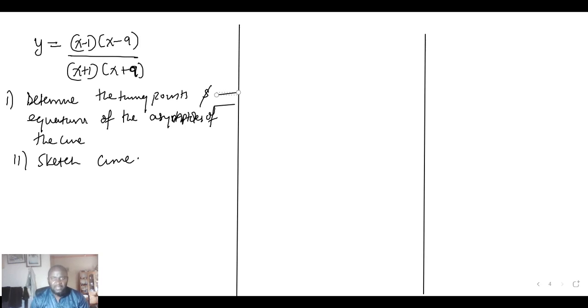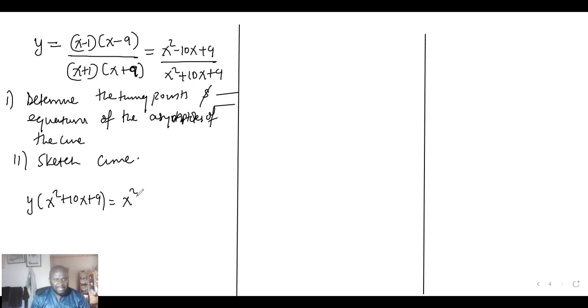But to start with, my friend who was asking me how to get the asymptotes, if you expand this one, you get x squared minus 10x plus 9 over x squared plus 10x plus 9. When you cross multiply, you get y into x squared plus 10x plus 9 is equal to x squared minus 10x plus 9.